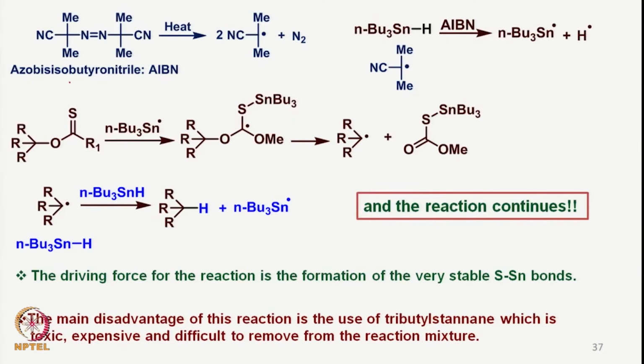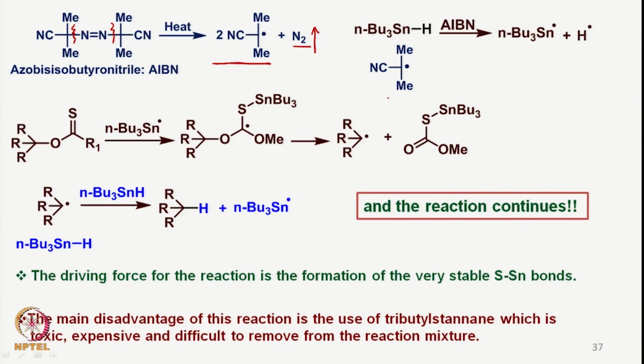This is azo-bis-isobutyronitrile, AIBN, which when you heat it, breaks homolytically from here to form this particular radical intermediate, and the nitrogen goes off from the reaction.